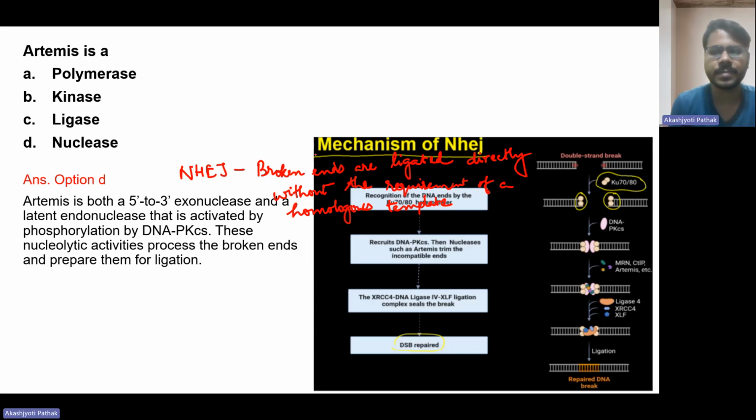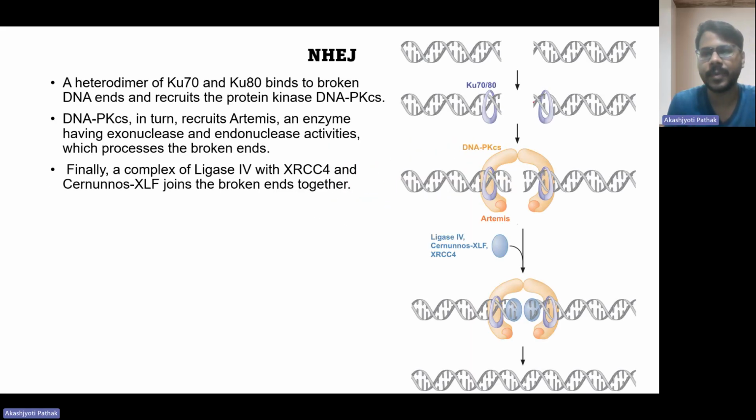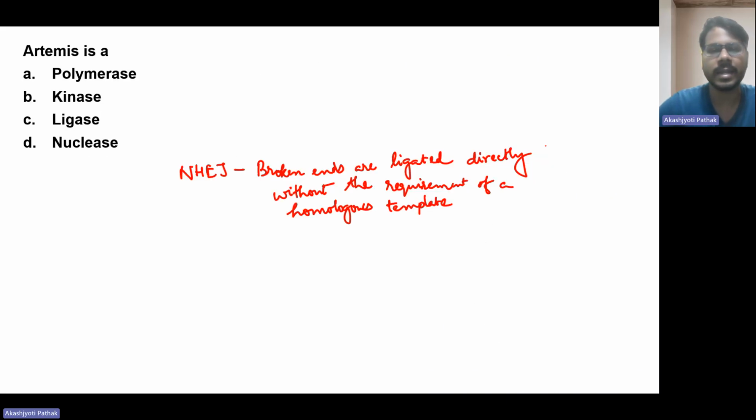This Artemis has a 5' to 3' exonuclease and a latent endonuclease activity, and it is activated by phosphorylation by DNA-PKcs. First the KU70/80 heterodimer was recruited, and this in turn recruited the DNA protein kinase. This kinase phosphorylates Artemis, and once Artemis is phosphorylated, it becomes activated.